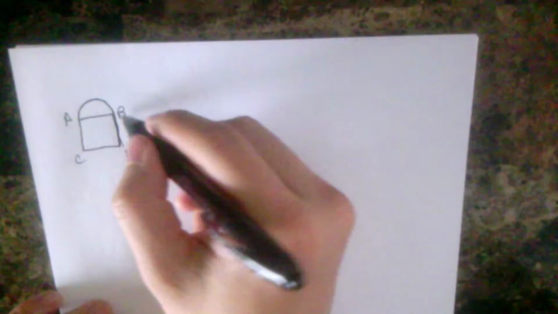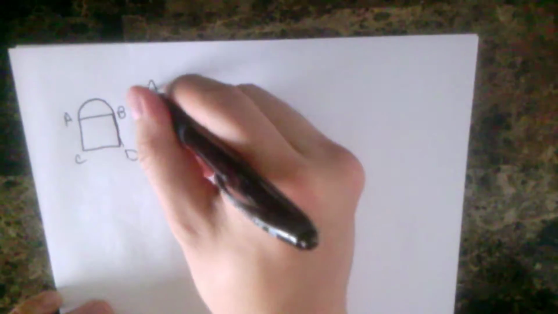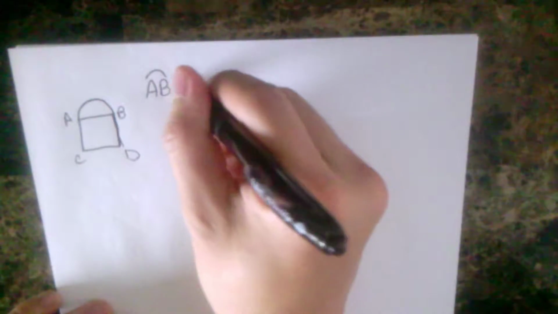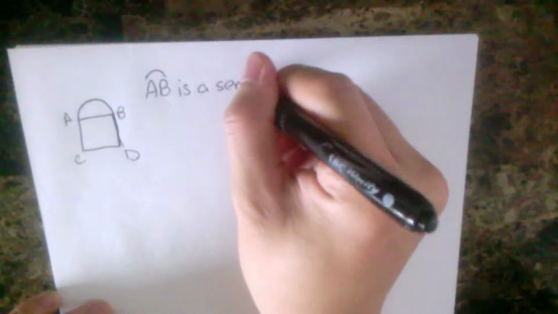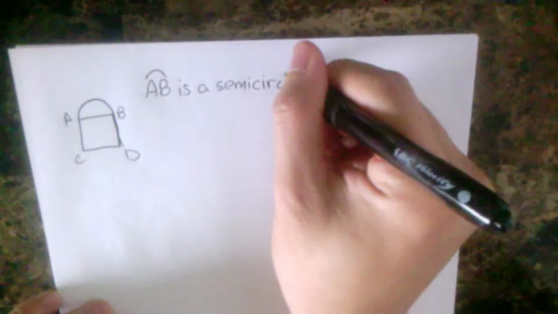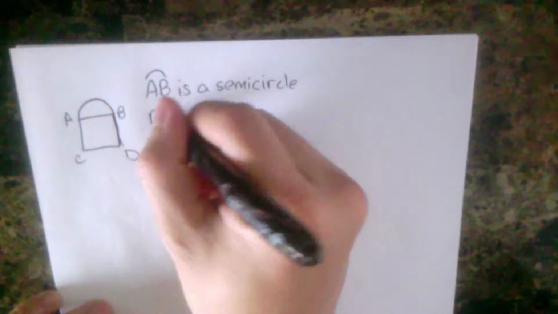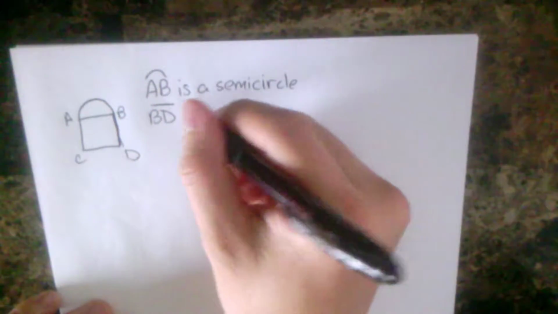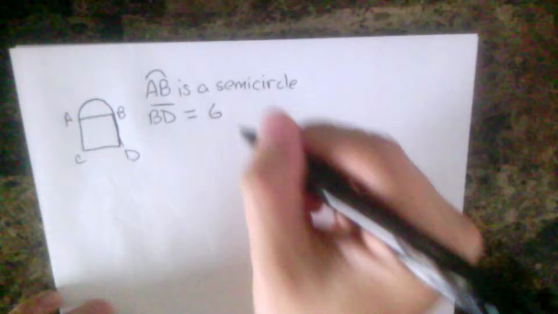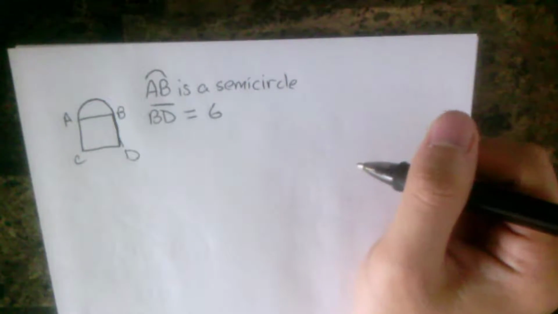So it'll tell you that this arc here, arc AB, is a semicircle. And remember, semicircles are half circles, so that means that they measure 180 degrees. And then it'll give you some values, like BD, we're going to make 6, just because we can.